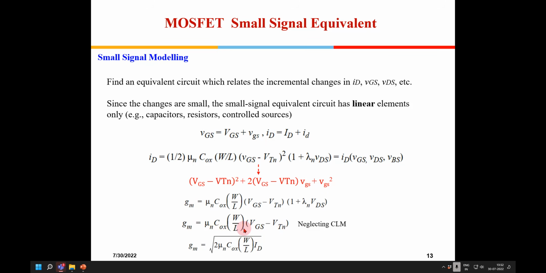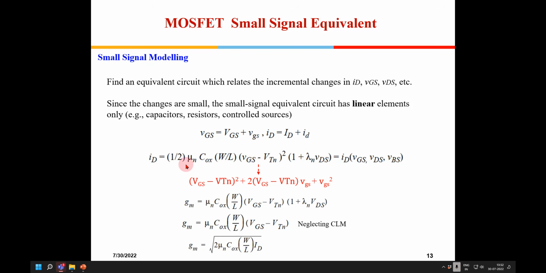Is this clear now from this equation? Sir, I have one question. Yes, ask. When we are differentiating ID with respect to small vgs, how in this gm term does it get converted into capital VGS? See, this is the ID equation, right? Now I am differentiating it with respect to small vgs.